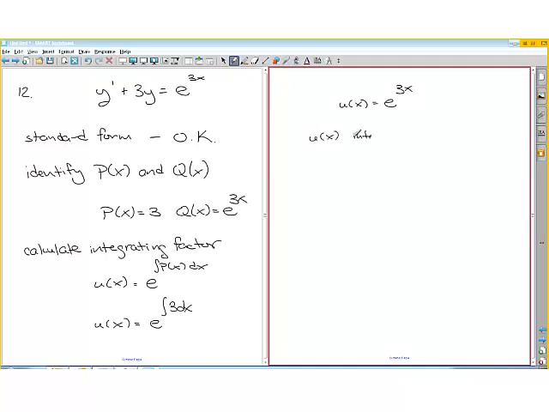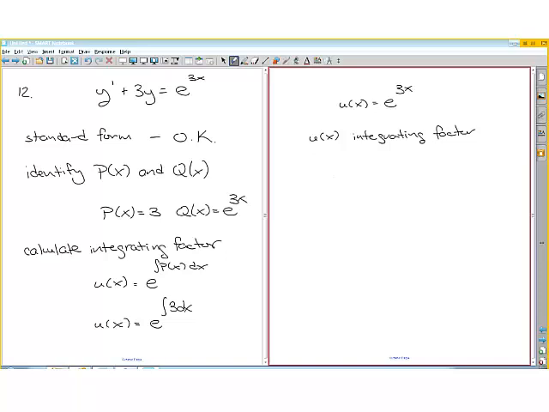So that's what that's called. And remember, the integrating factor is a factor that we can multiply every term in the original differential equation by, so that we can collapse these two into a single derivative of a product.